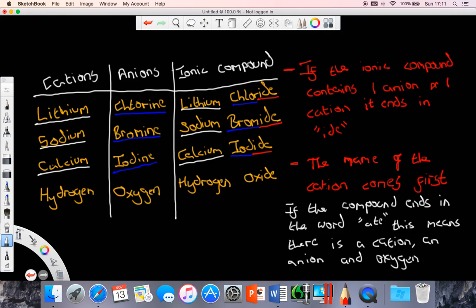Okay? So if the compound ends in "-ate", that means there is a cation, an anion, and oxygen.